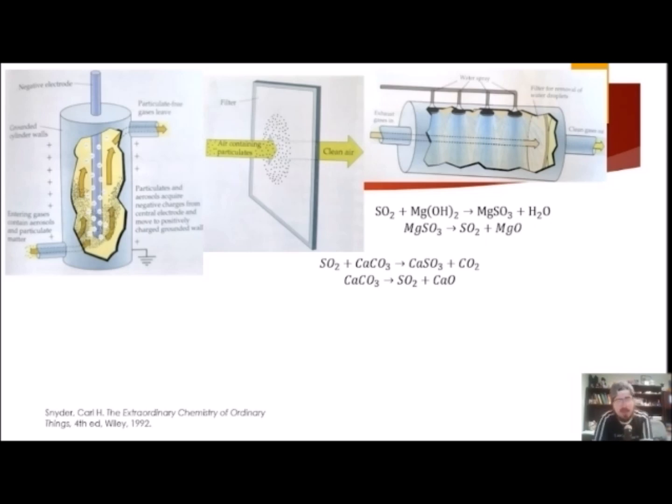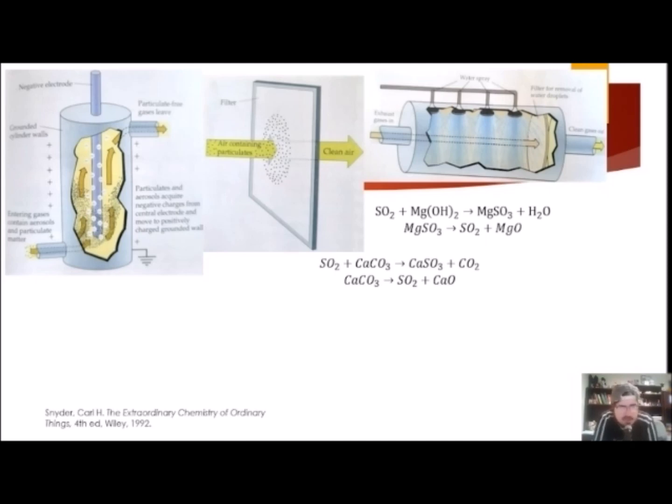So what happens? We run the gas in, and we have an electrically charged center electrode. Now the electrons from there charge the solids and the aerosols, and they become attracted to the positively charged walls. As they're attracted, the uncharged gases can pass through.